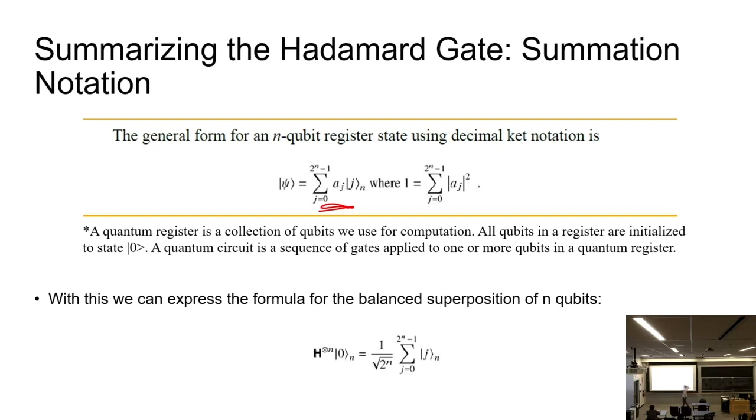So if we have n qubits, then it's Hadamard gate tensor n times all of our qubits initialized to 0, and that's equal to 1 over square root of 2 to the n times the sum from j equals 0 to 2 to the n minus 1 of the ket j.